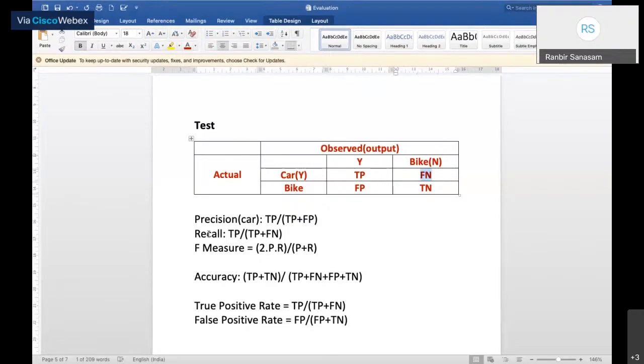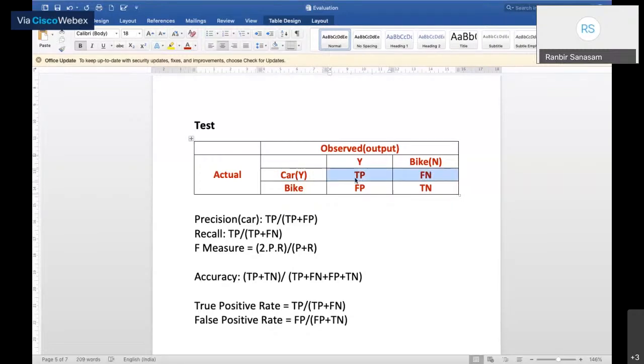Recall is like, among the cars, how many are actually identified as car. So you have 100 cars, and among these 100 cars, how many cars have been identified correctly? It is nothing but true positive divided by true positive plus false negative.